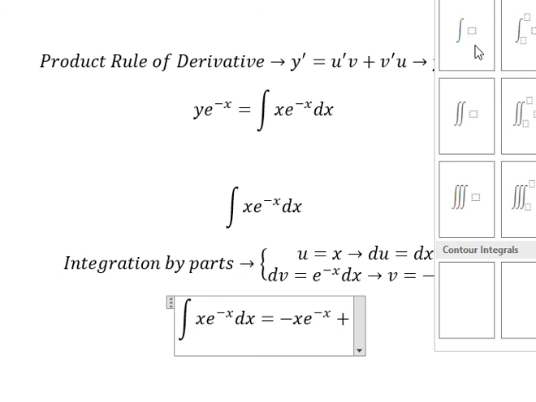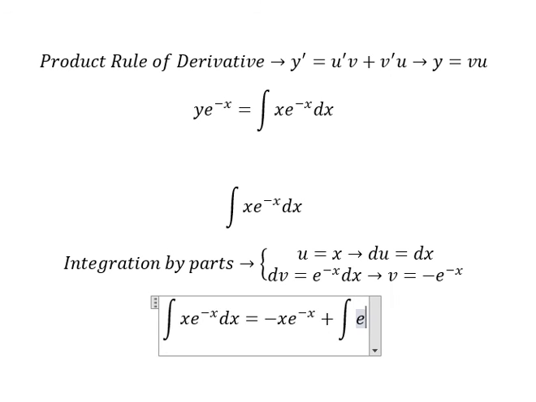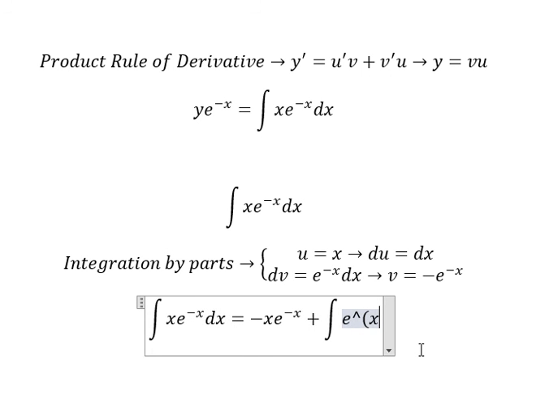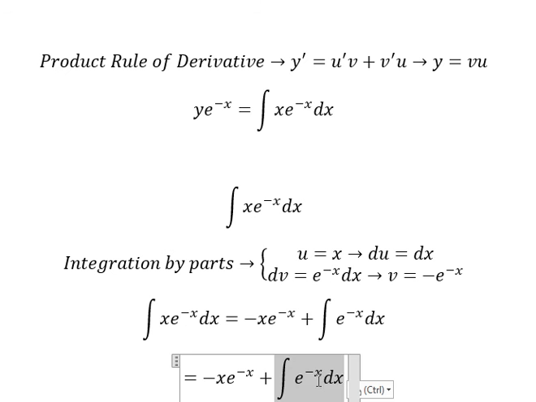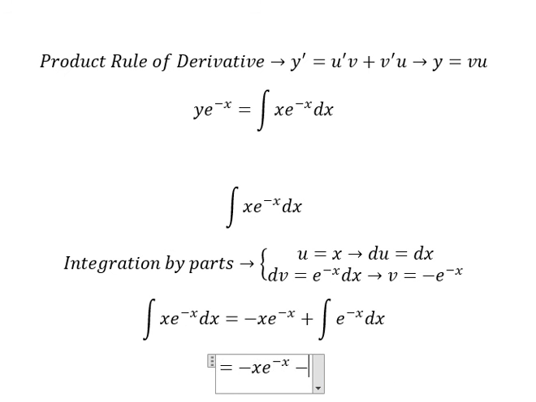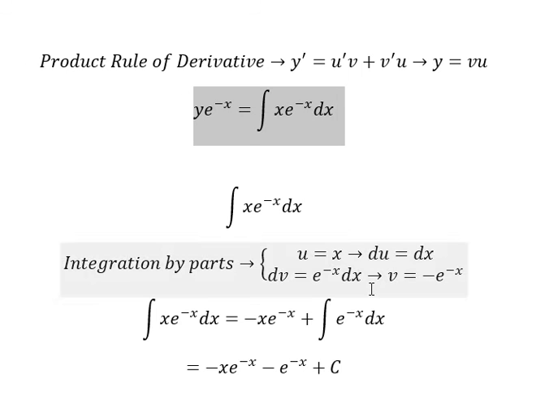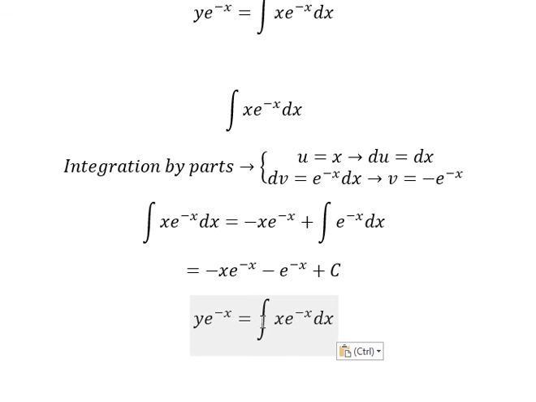Then we have the integration of e to the power of negative s ds, and this one you got negative e to the power of negative s, and we put c. So this integration we change for this one.